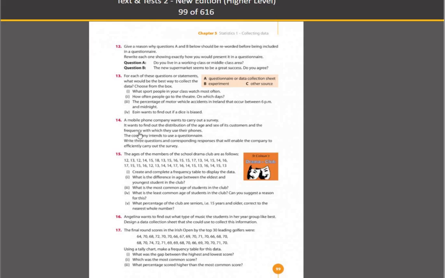And the frequency. Frequency means how often something happens, so the frequency with which they use their mobile phones. A question there could be, assuming that everyone uses their phone every day, how often would you use your phone per day?